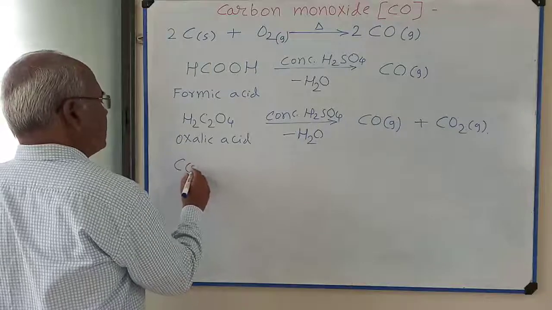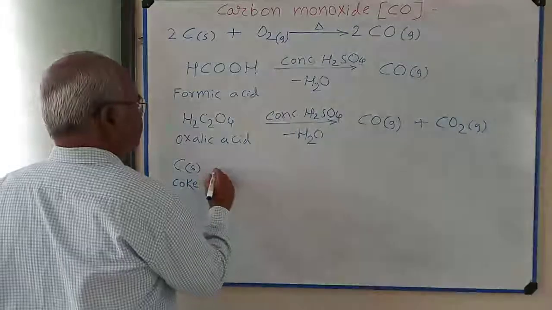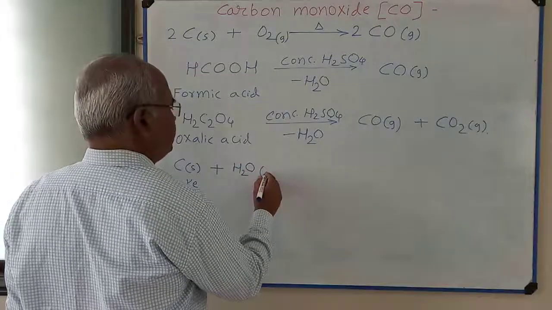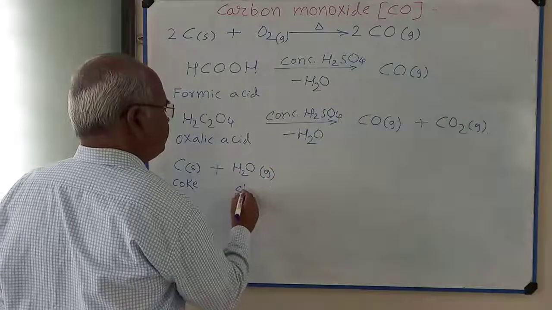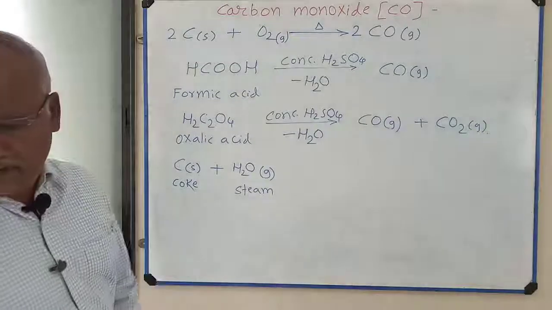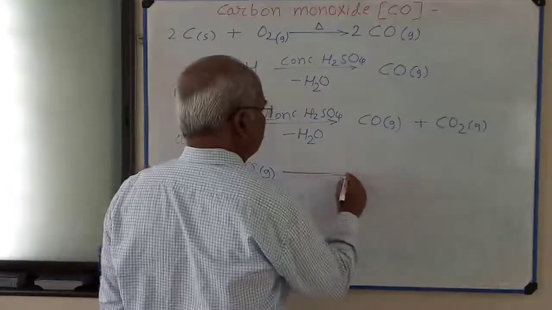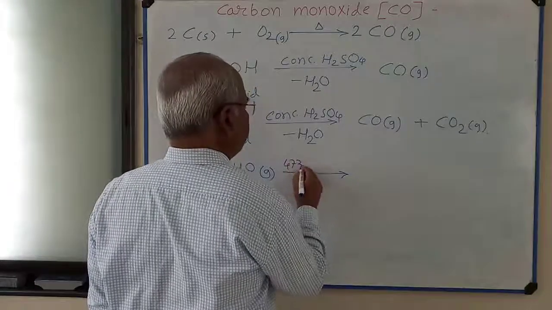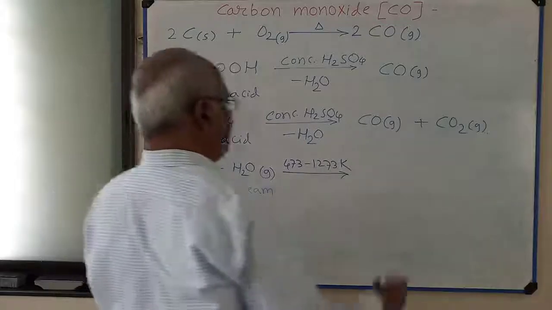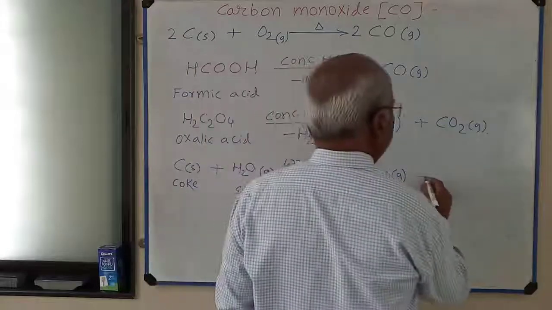The next method I am going to explain. This is carbon or coke. When steam is passed over red hot coke, here H2O gas, steam, at about 473 Kelvin to 1273 Kelvin, it forms carbon monoxide gas plus hydrogen gas.